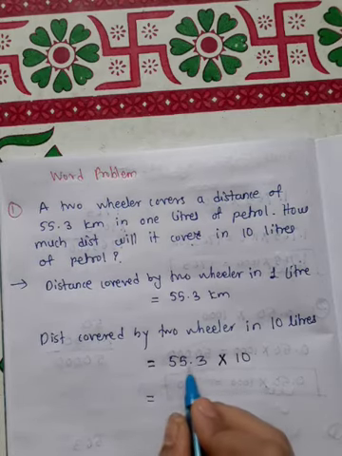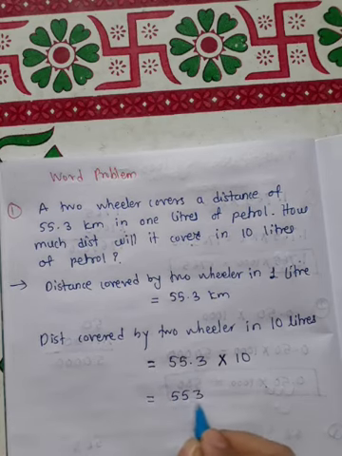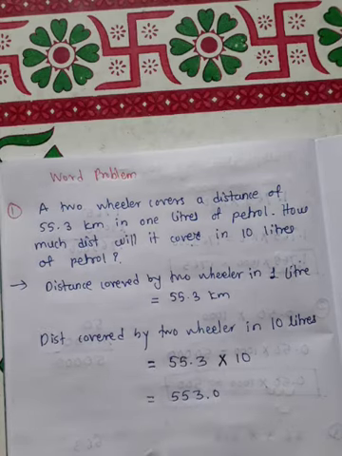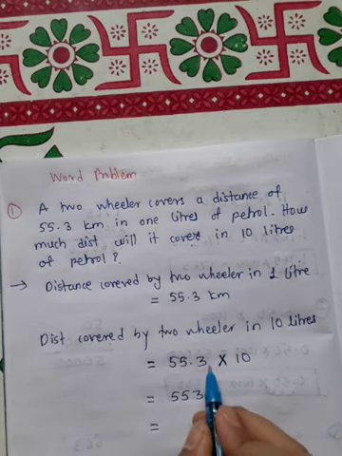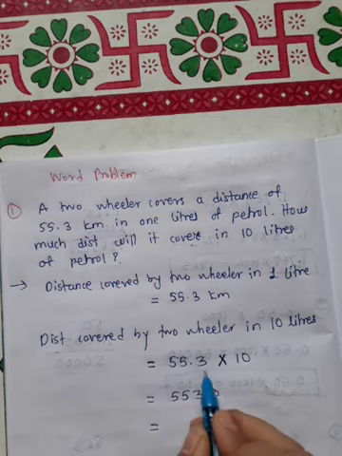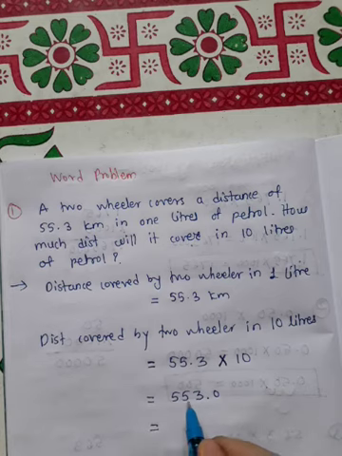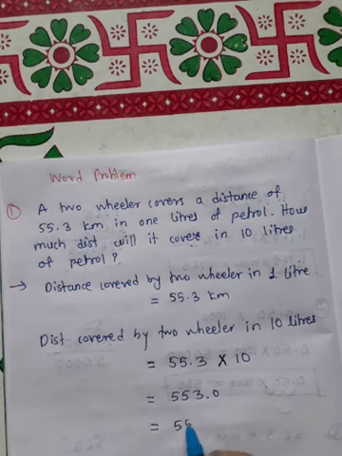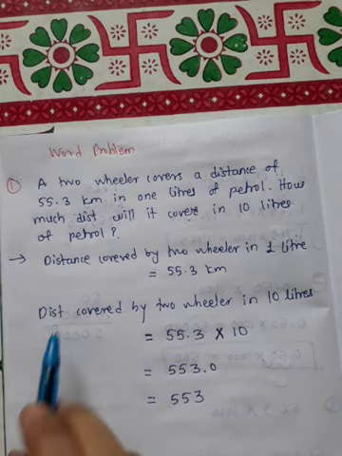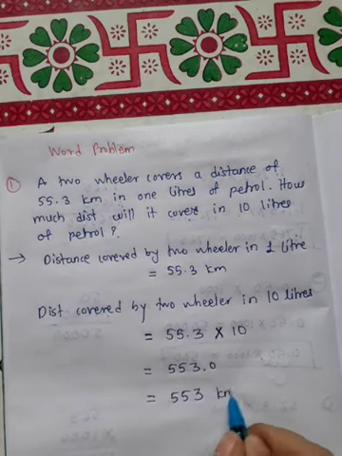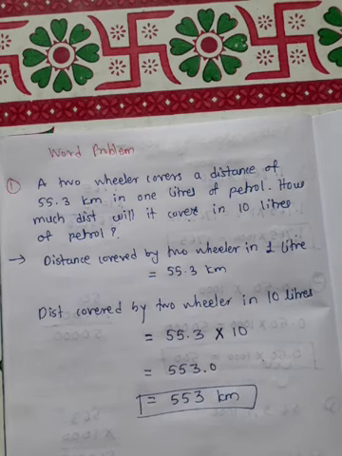So the product is 553.0, and the 0 after the point doesn't matter, so we get 553, and the distance is measured in kilometers. So without any calculation we can find the answer.